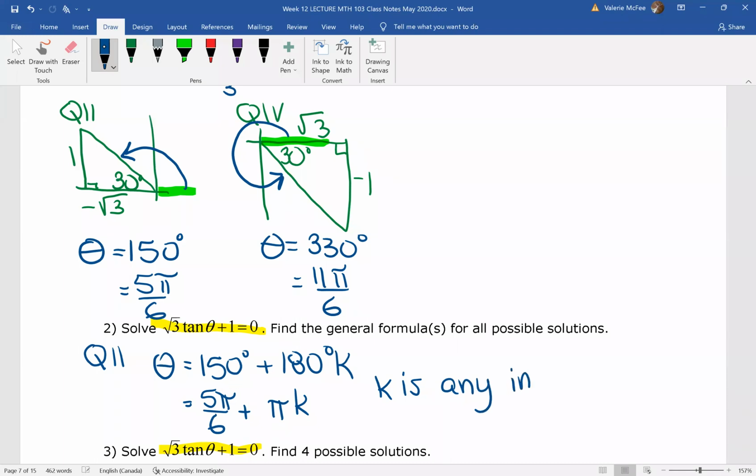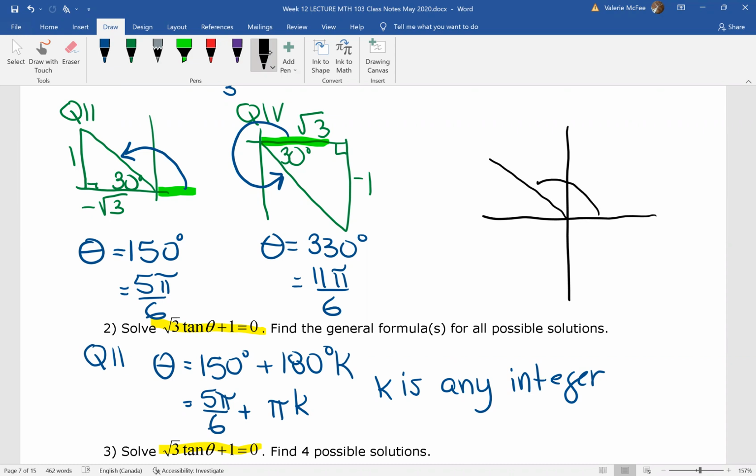Now you're wondering, why do we only require one formula? Well, let's look at this. If we have the tangent of 150 degrees, and we'll talk about 150 degrees just because it's a little bit easier to think about.